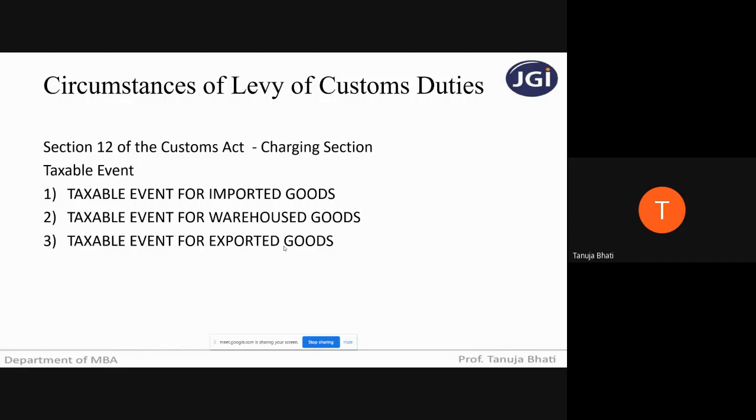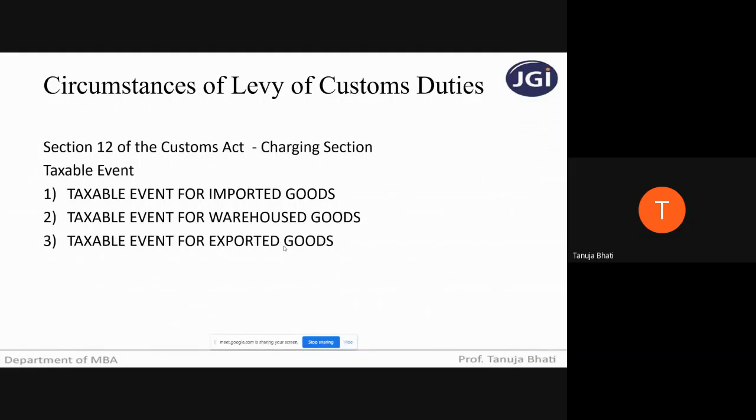So in case of exported goods, only when the proper officer gives a clearance, okay, these goods can be exported, that is entry outward, signal of entry outward, and is granted, and all the loading of the goods is done for exportation. That is the time where the taxable event in case of exports arises. So in case of exports, only when the proper officer gives the order of clearance, loading of goods happens, and entry outward is granted, that is the taxable event in case of exported goods.